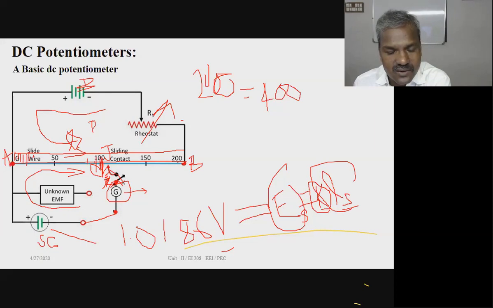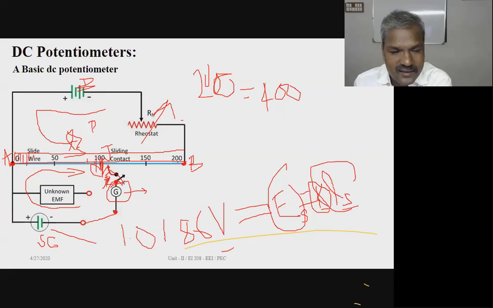Once you get zero deflection, that means the drop across AJ, the jockey position, equals the drop across the standard cell branch. The drop across the secondary circuit is 1.0186 volt.